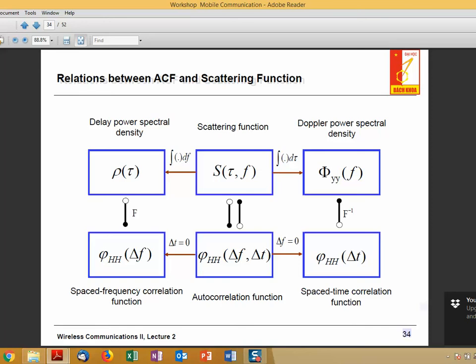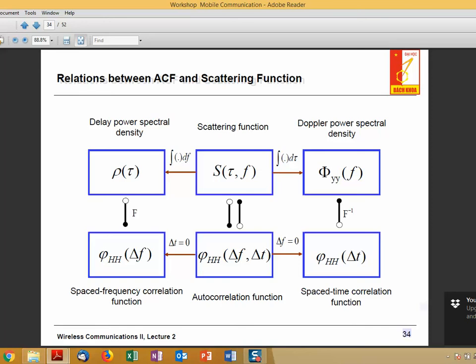You take the Fourier transform of the PDP, and you have a correspondence. You take the inverse Fourier transform of the power Doppler spectrum, and you have a time correlation function. The double Fourier transform of the scattering function results in the autocorrelation function of the CTF.